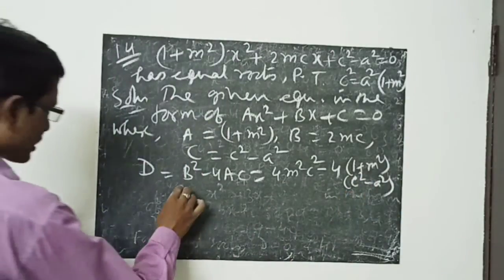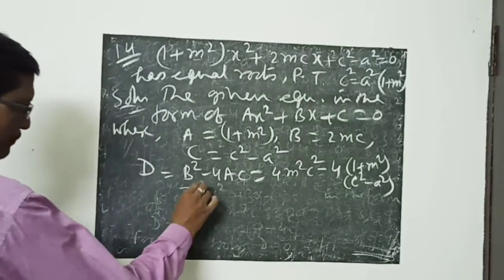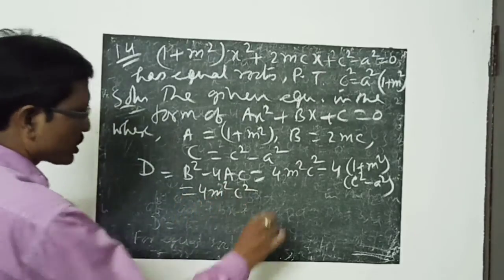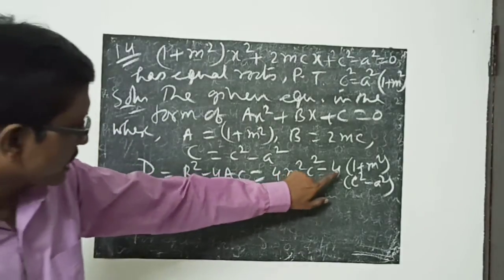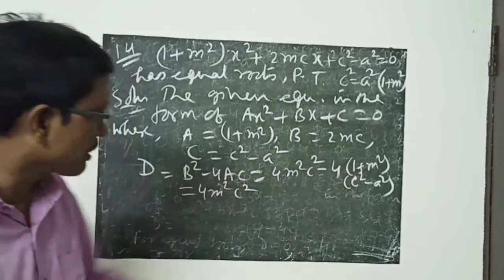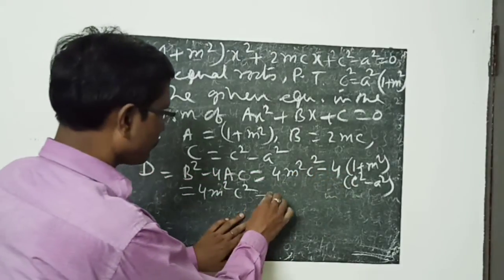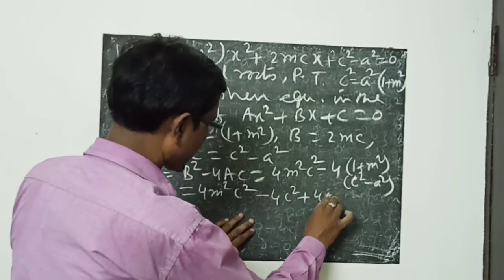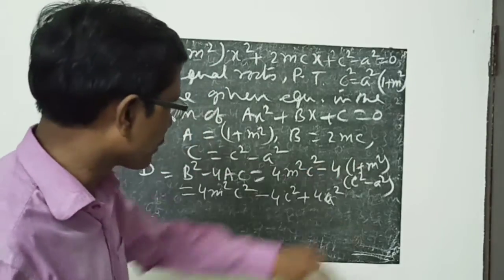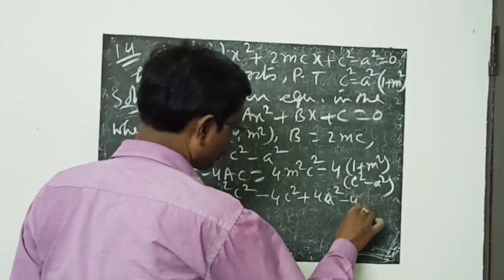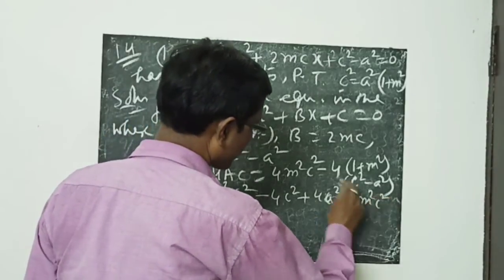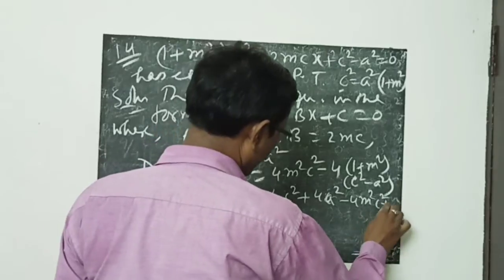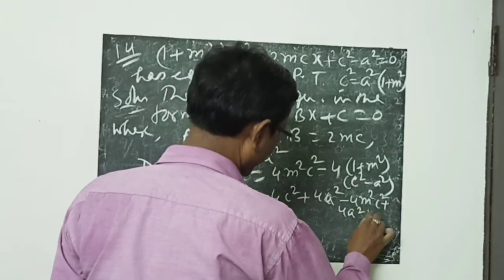So what will it be? If we do the calculation, 4m square c square, then multiplying the 1 we get minus 4c square plus 4a square, and multiplying minus 4m square we get minus 4m square c square plus 4a square m square.